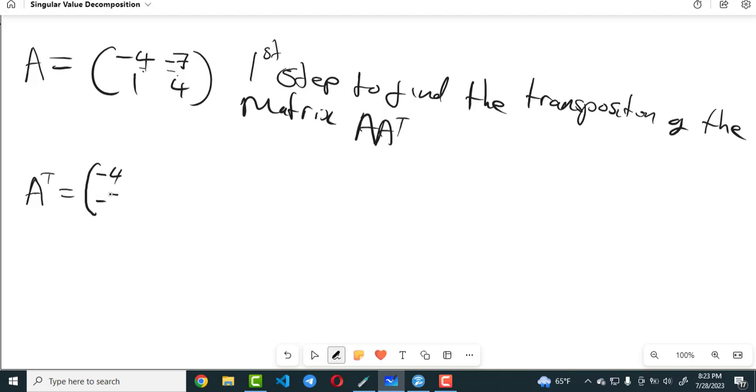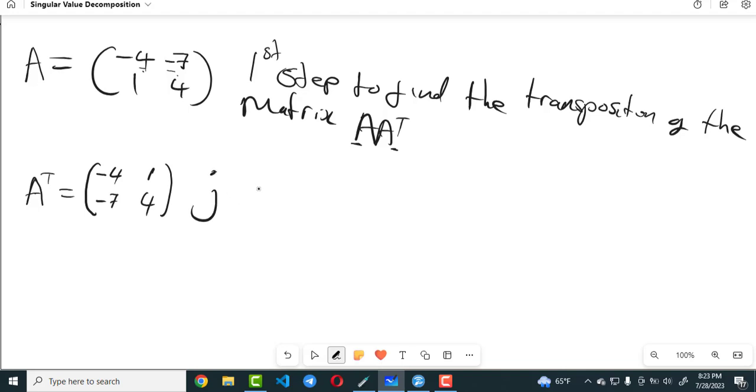So it will be -4, -7 here, and the same applies here, it will be 1, 4. So this is called transposition. After doing the transposition, we need to multiply the original matrix and its transposition.